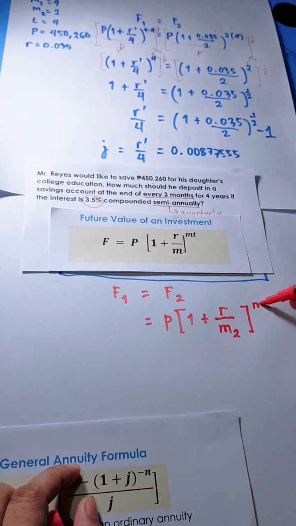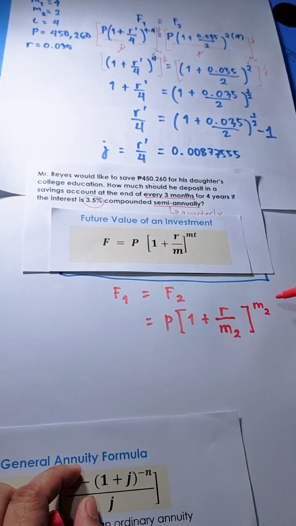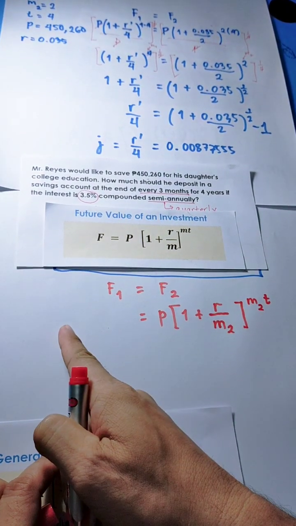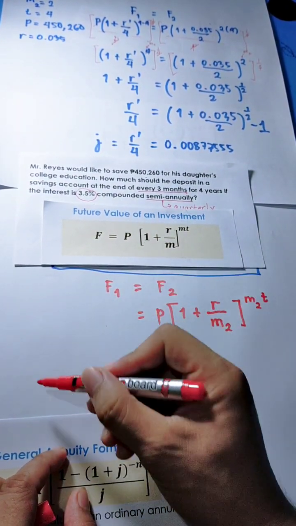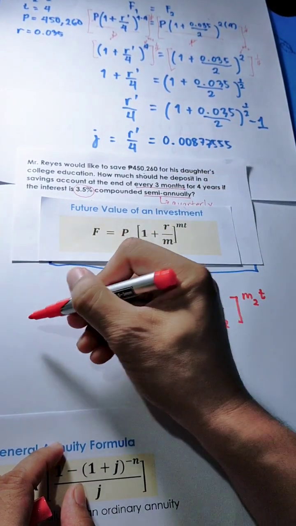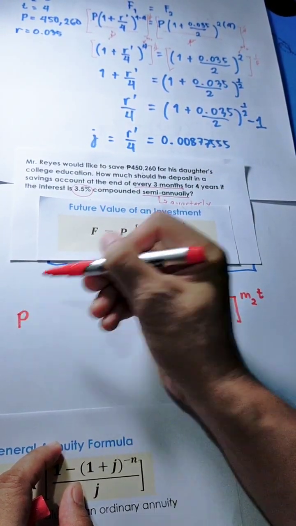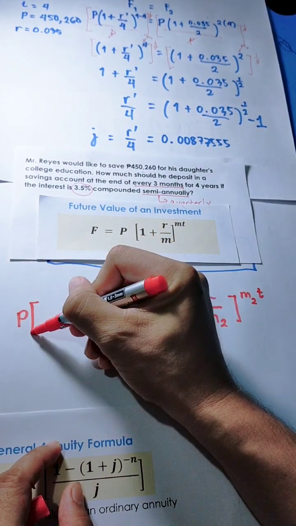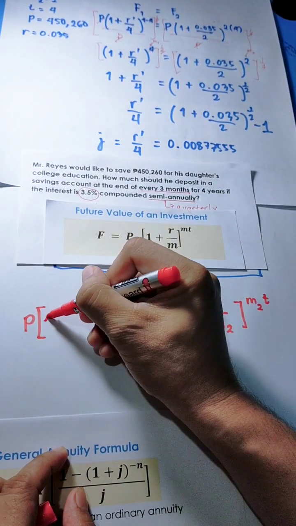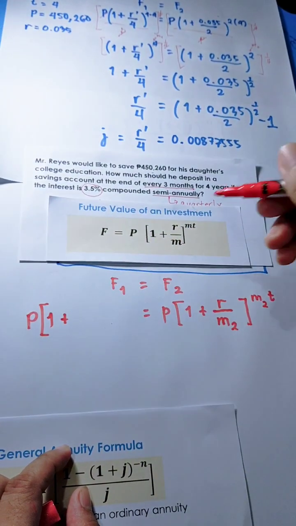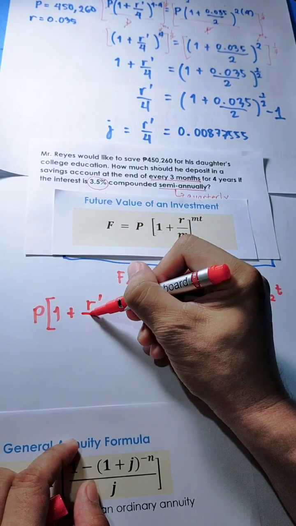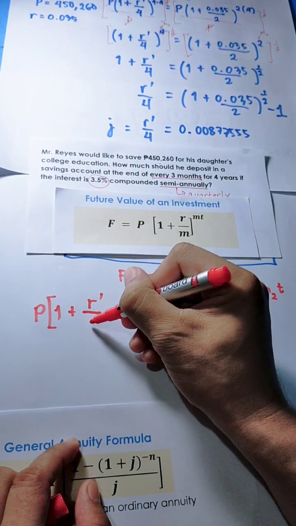And then M2 times time. There you go. And then the conversion on the left, which is the F1, you have the same future value as we intended. P, the same principal or the same present value, times 1 plus the corresponding R prime that we don't know if we change it to quarterly.